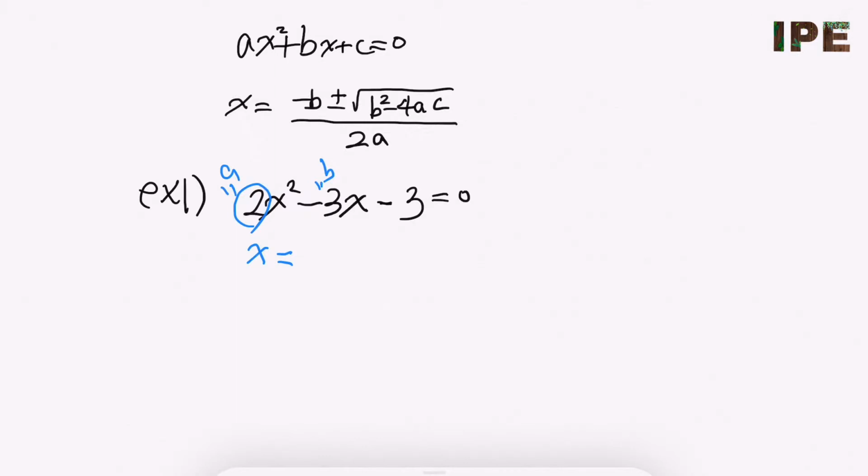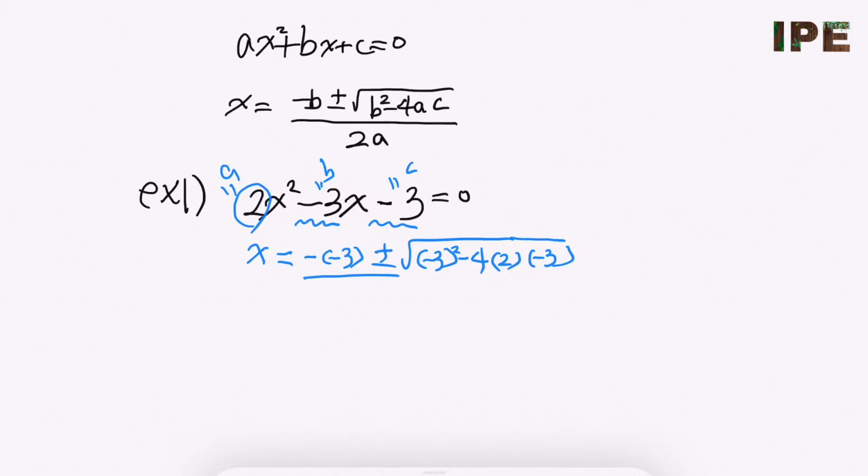B is negative 3. C is negative 3. So x equals negative b, negative 3, plus minus square root of b squared minus 4ac, all over 2a.